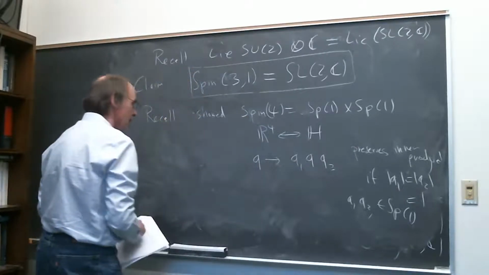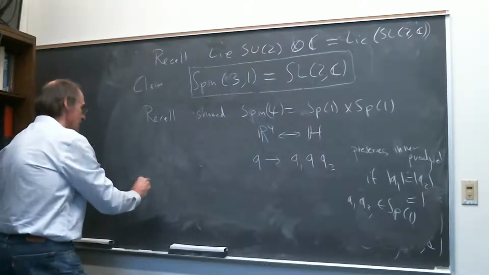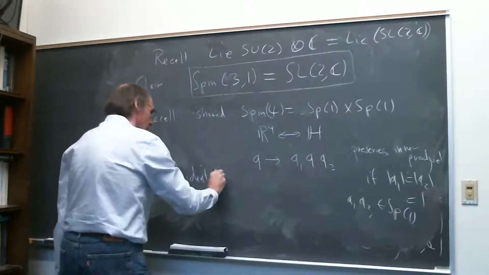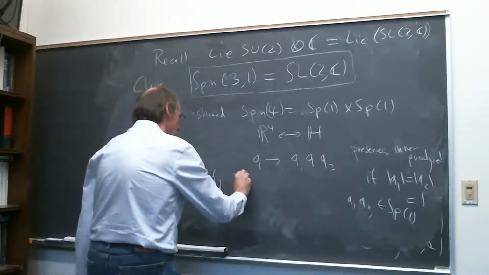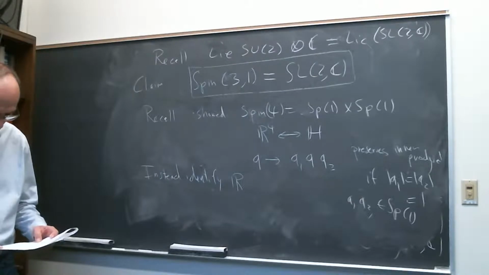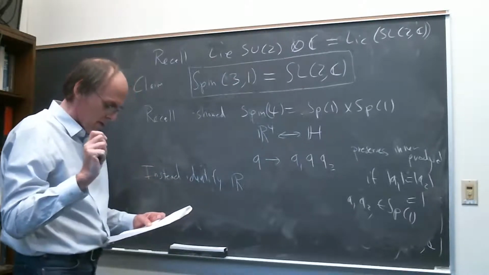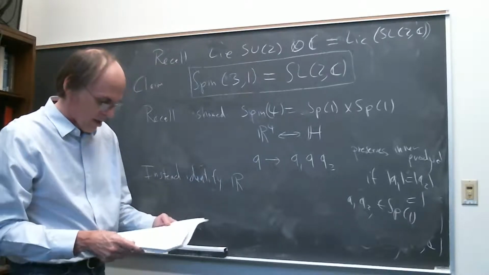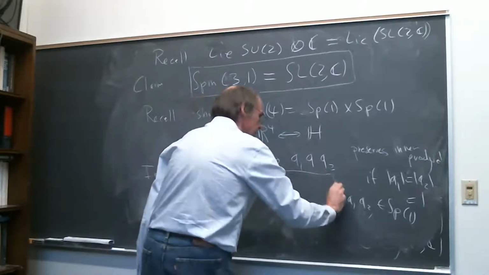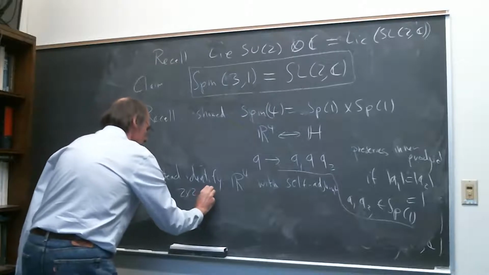So what we want to do here is generalize this trick, and instead of identifying R4 with the quaternions, identify R4 with self-adjoint complex matrices.